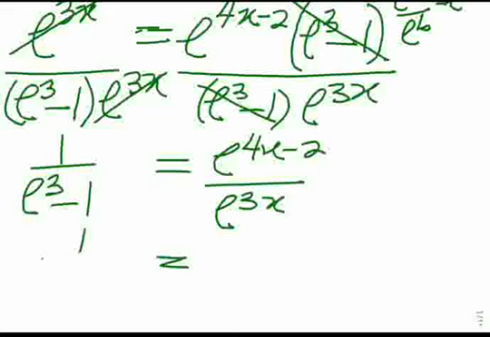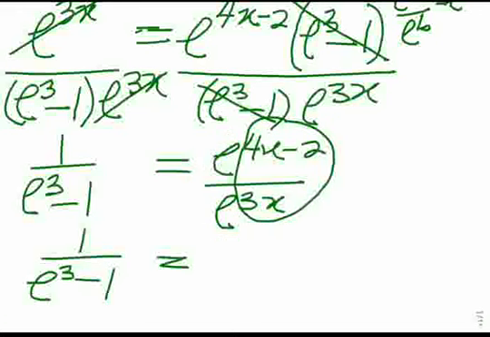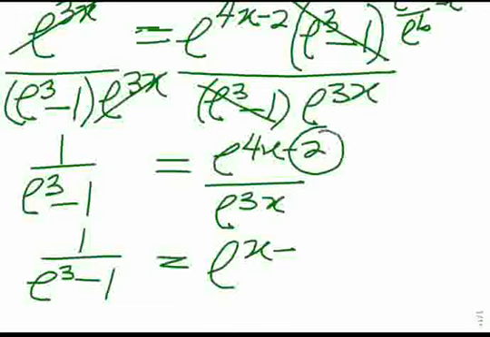What next? I would have to simplify the right hand side. In simplifying that, I also obey the same quotient rule, meaning that we are subtracting the powers. So this gives e to the power 4x minus 3x, which is x. I bring down the minus 2.